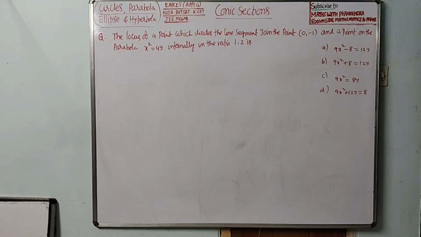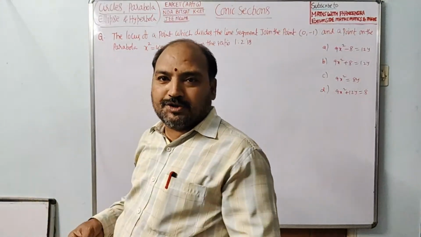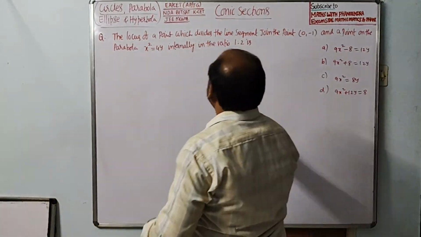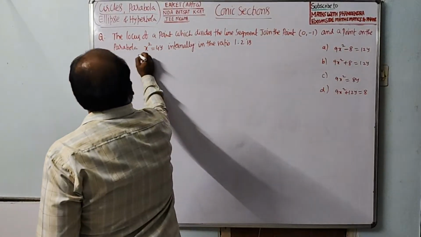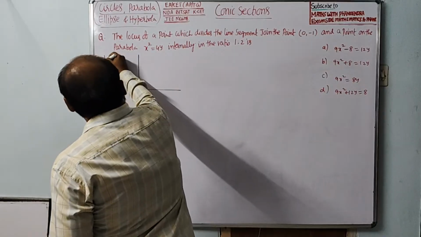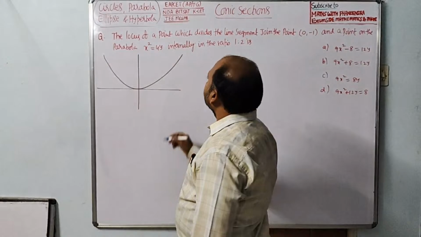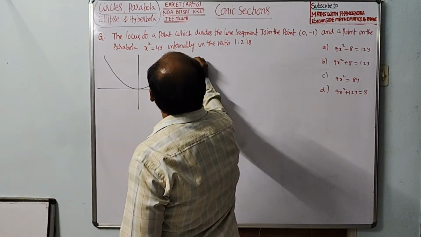First, you have to understand the question and try to draw a rough figure according to the question. See, x square is equal to 4y. That means the figure will come like this, dear students. This is the upward parabola, symmetric about the y-axis.